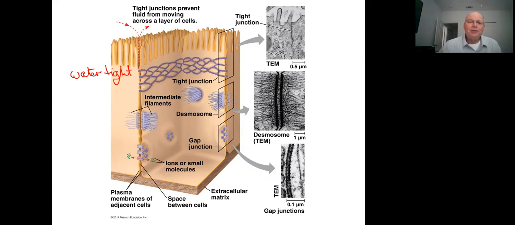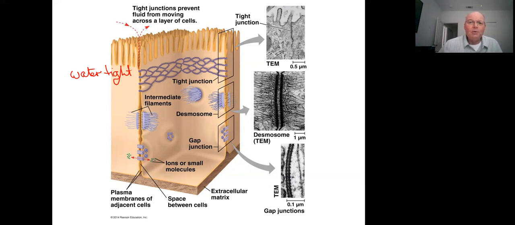So our skin cells are anchored together by tight junctions, these interwoven chains of proteins that, by weaving backwards and forwards between the 2 groups of cells, or the cells that are being held together, ties them together. It's kind of like stitches holding fabric together in clothing. It weaves backwards and forwards to create a tight connection, so tight that it is literally watertight.